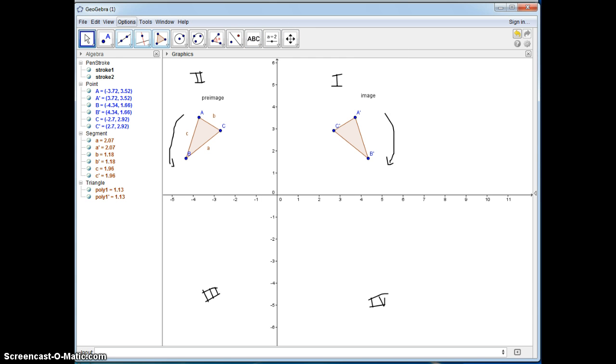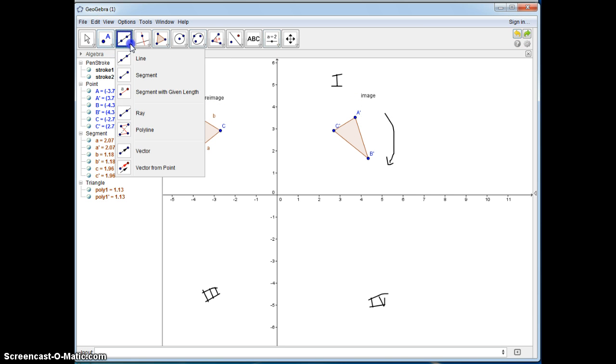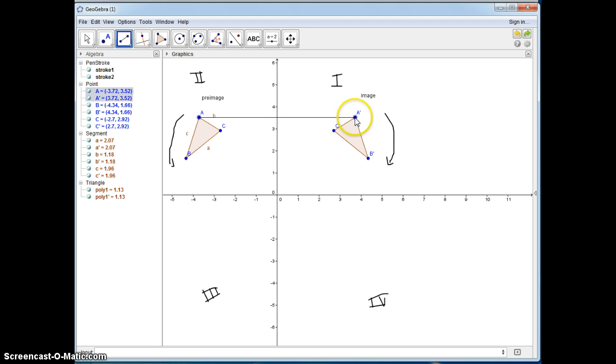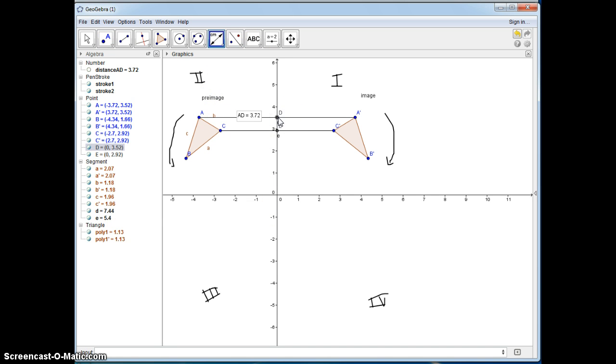If you were to draw a line segment from A to A prime, let's do this segment, I used the line tool. A to A prime and mapping C to C prime, you'll find that if we find the distances along this line of reflection, which is the y-axis, which is x = 0, this distance from A to D is going to match the distance from D to A prime.